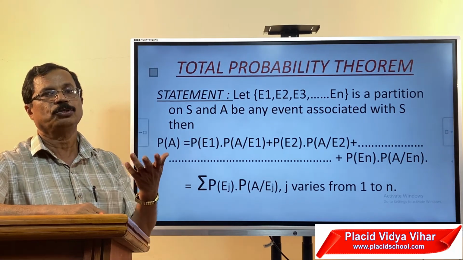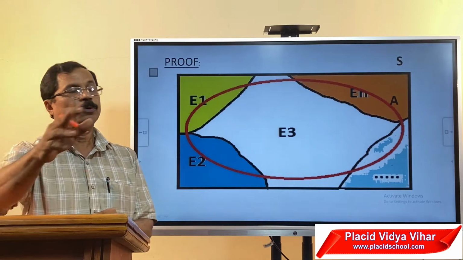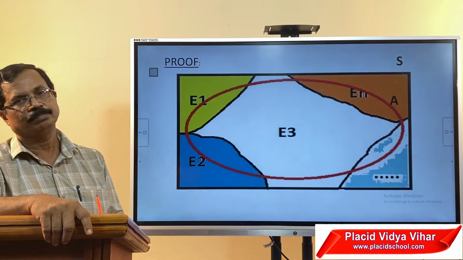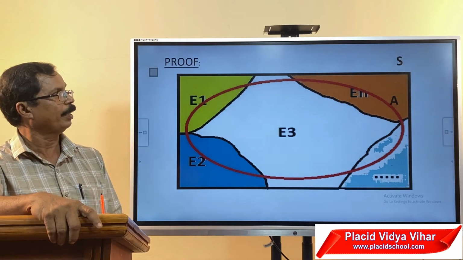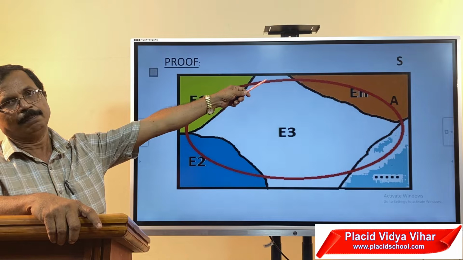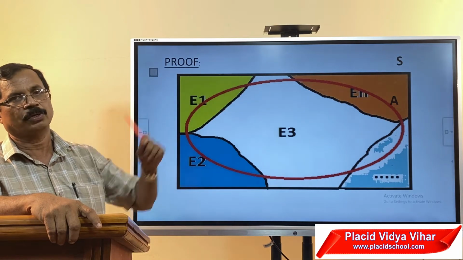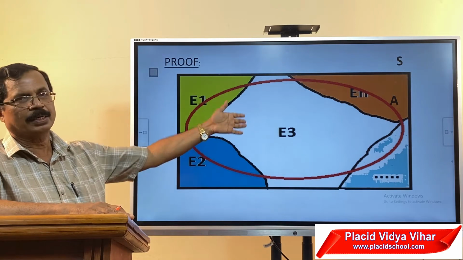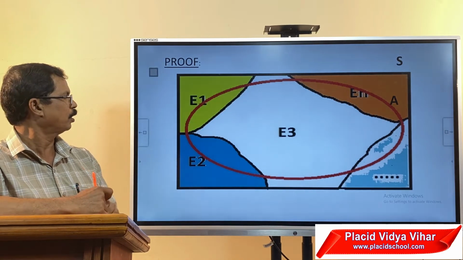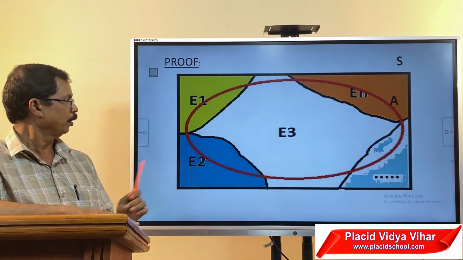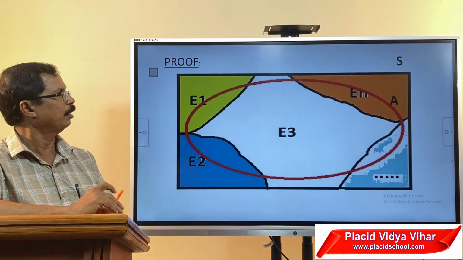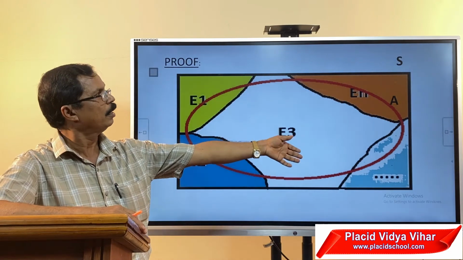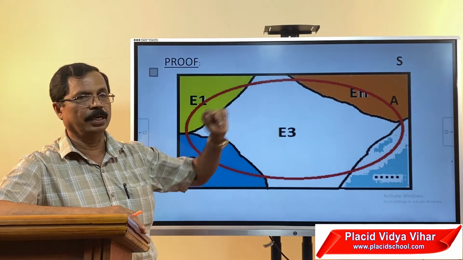Now let us see how to prove this. For proving this, we need a Venn diagram. Look at this Venn diagram. When you draw a Venn diagram, the universal set is replaced by S. So S stands for sample space. Now we have represented some events here. E1 is an event, then E2 is another event, then this white portion E3 is another event, then etc. The last event you can take as En.